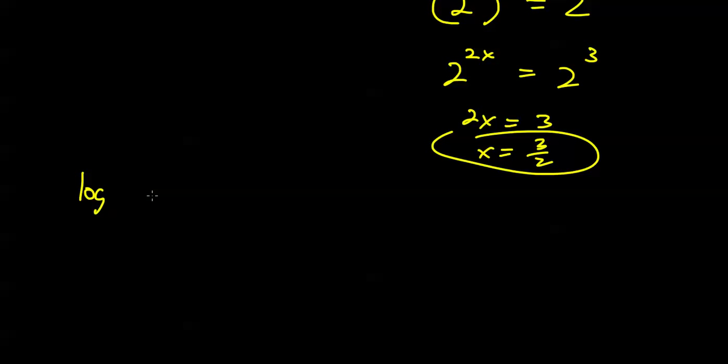How about the log of 1/64 base x equals minus 3? Well, let me not call that x. I know the book sometimes labels bases as x. I like to label them as b's.